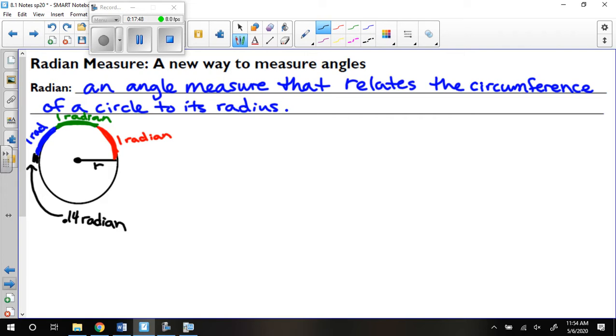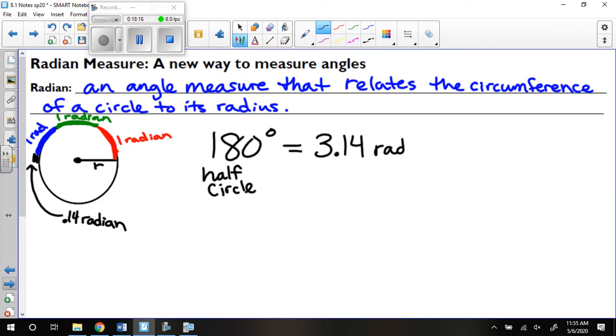Okay, so how many degrees did I say was half of a circle? I said 180 degrees is what half the circle is, right? Well, I just figured out that half of my circle is also 3.14 radians.